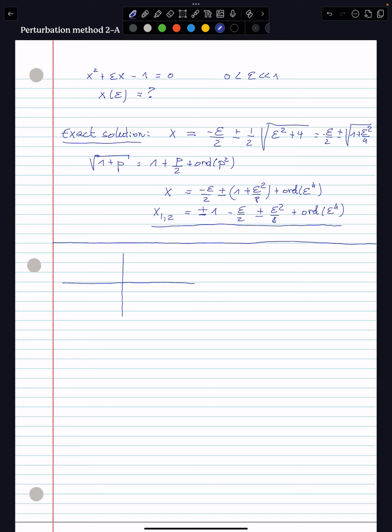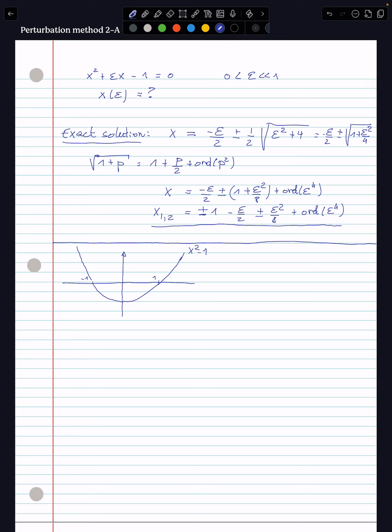And so if we plot just x squared minus 1, this is a function here that has two roots, plus 1 and minus 1, and which looks like this. All right, and then that's x squared minus 1.